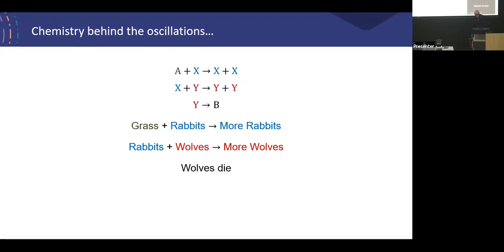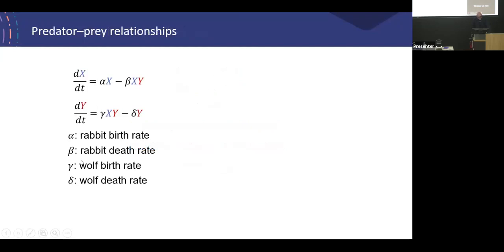So the mathematics behind this were discovered by Alfred Lotka and Vito Volterra. And it looks like this. What I've written down here are two rate equations. The first one tells me the rate with which rabbits are changing with time. I've got a process here related to the rabbit birth rate and the process related to the rabbit death rate.